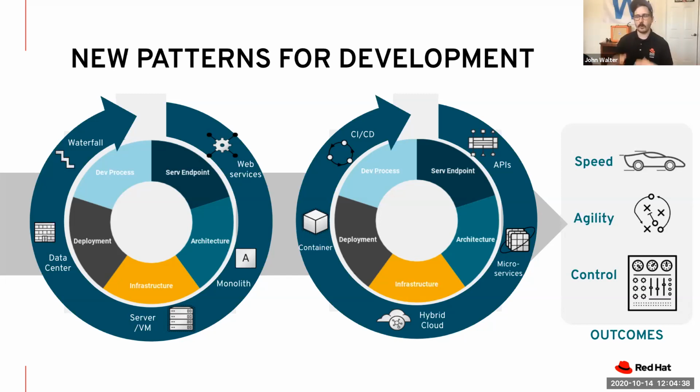You have these waterfall, siloed approaches. You have data centers that you're deploying into. And what we're moving towards is more of a continuous integration, continuous delivery development model. We're moving into deploying into the cloud and into our data centers, as opposed to just into our data centers.